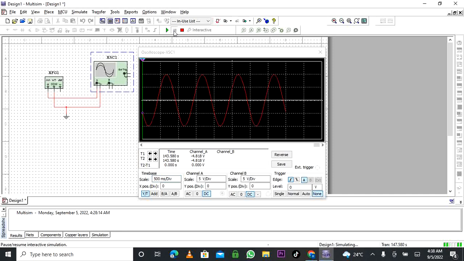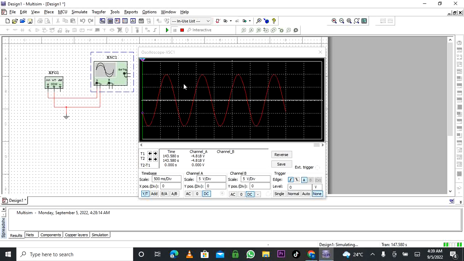If I take two points on this signal to measure the distance between, let's say, this peak here and the next peak, this distance here, which is one full cycle of the signal, is 2 divisions.